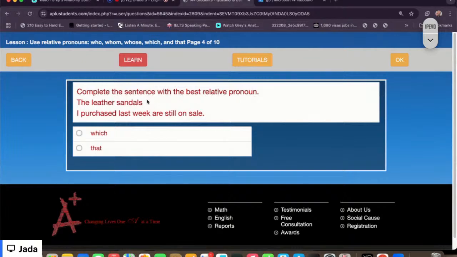The leather sandals dash I purchased last week are still on sale. Which or that?